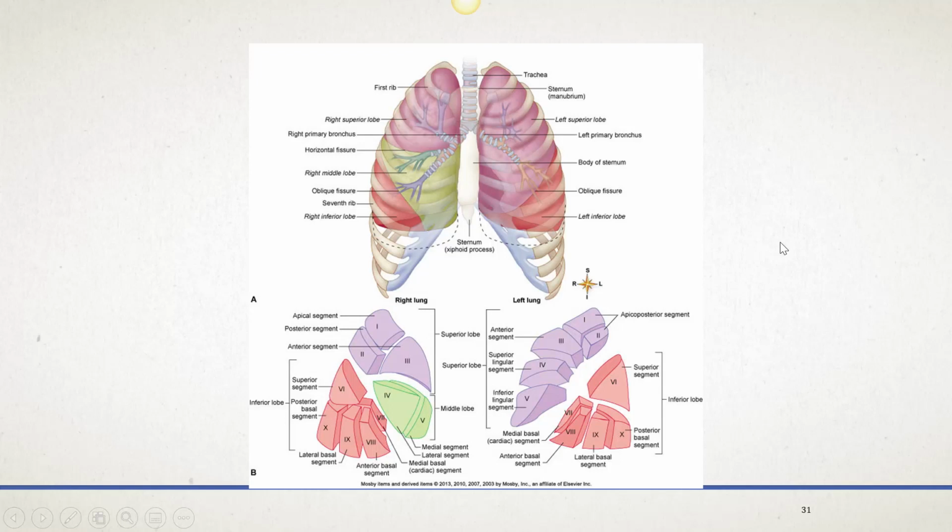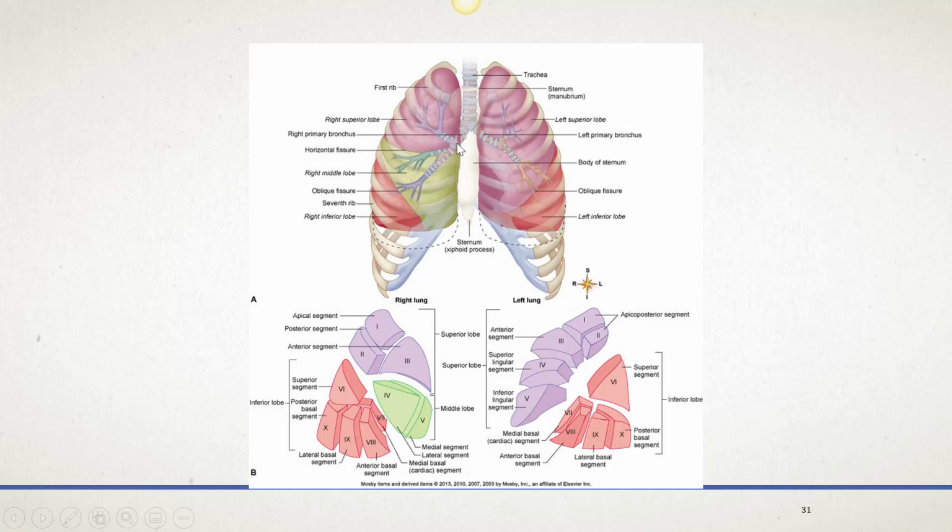The left lung and right lung have different numbers of lobes. The left lung has 2 lobes, the superior and inferior lobe, while the right lung has 3 lobes, superior, middle, and inferior lobe. Let's think about why that is for a minute.